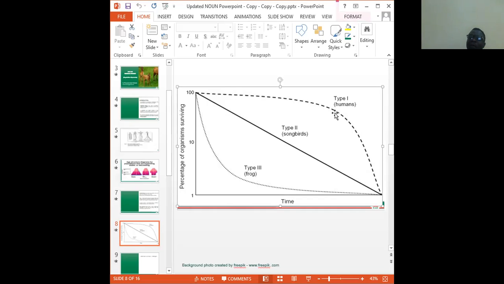Yes, even though we have mortality at the lower age, we still realize that the highest mortality in people occurs later in their life, and that's possibly in the post-reproductive years.